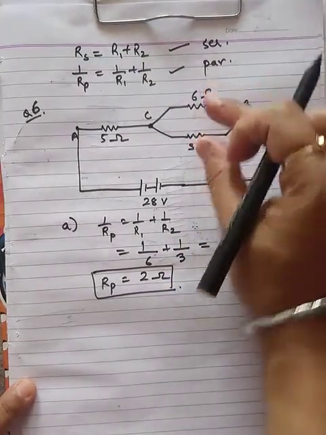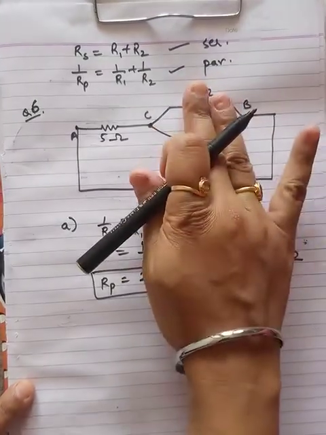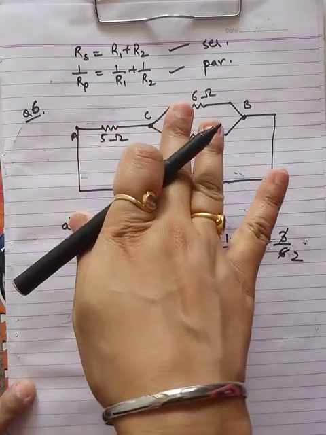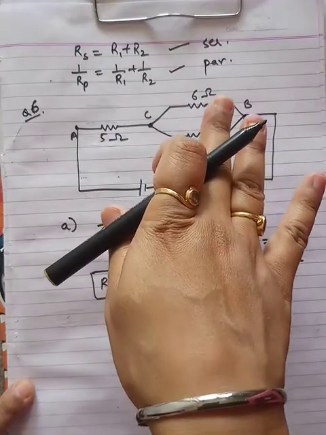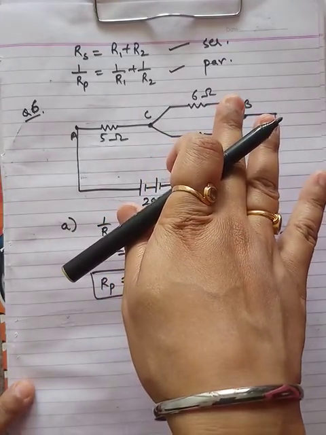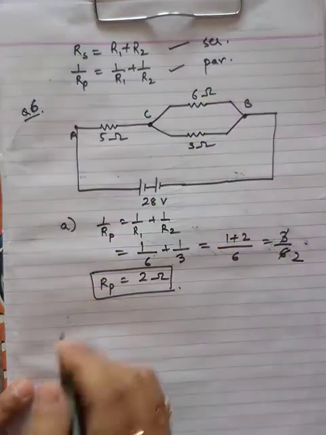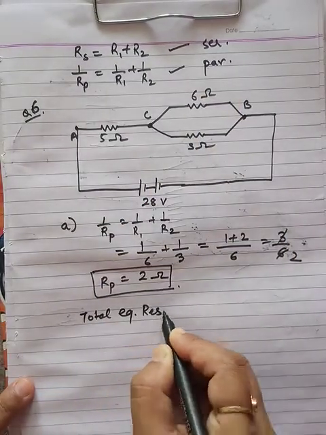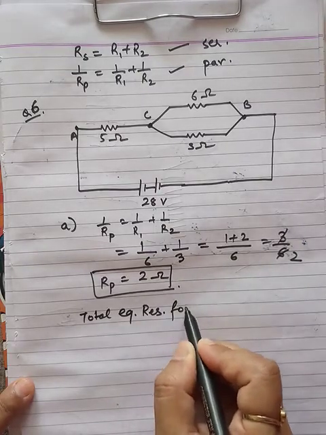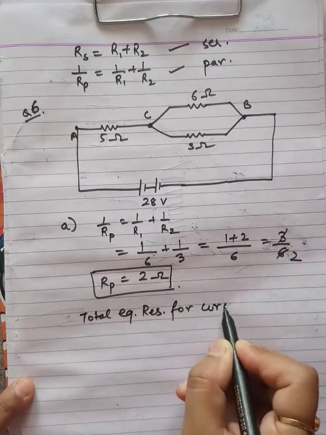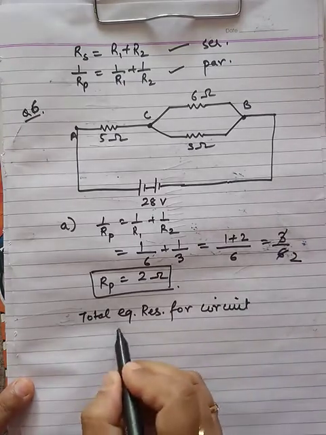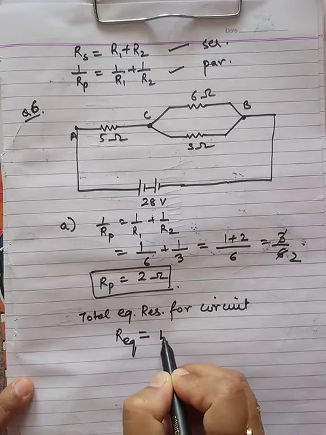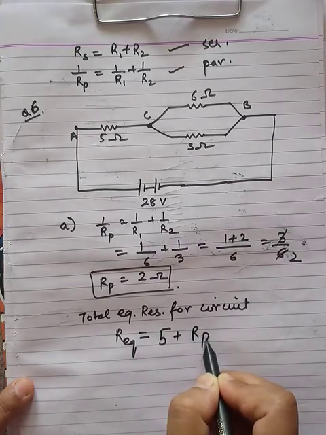The parallel combination across CB is 2 ohm. Now this 2 ohm and this 5 ohm will be in series. So if I want to find out the total equivalent resistance for the complete circuit, R equivalent is 5 plus Rp.